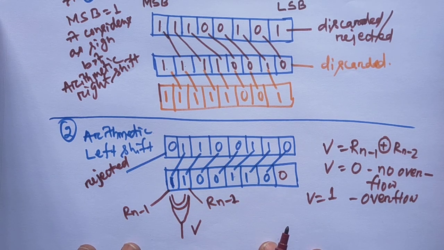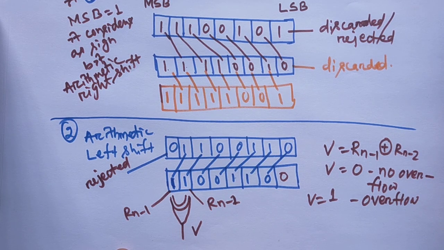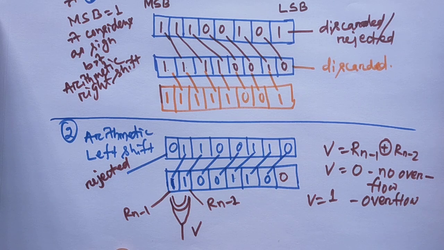To avoid such a limitation, we also consider another way by which the discarded or rejected data is reused in the shift operation. I will tell you that in the next lectures, how the rejected or discarded data is reused.